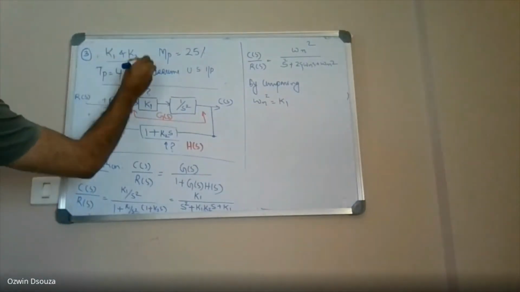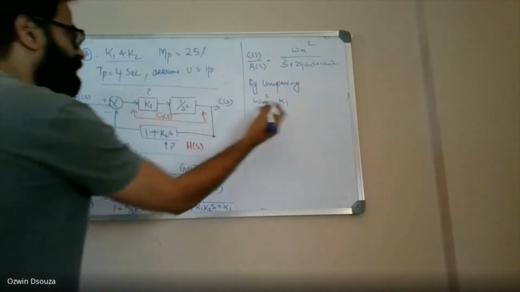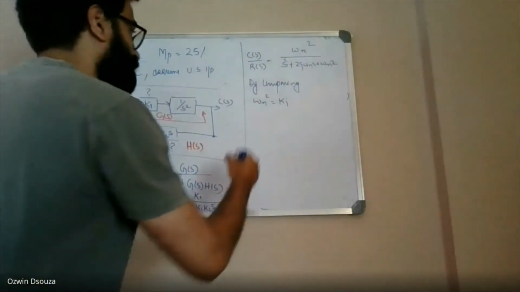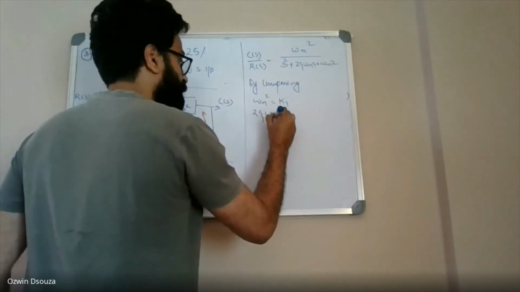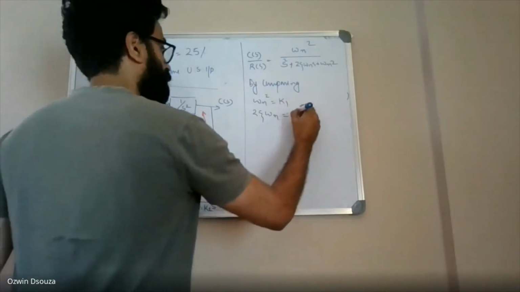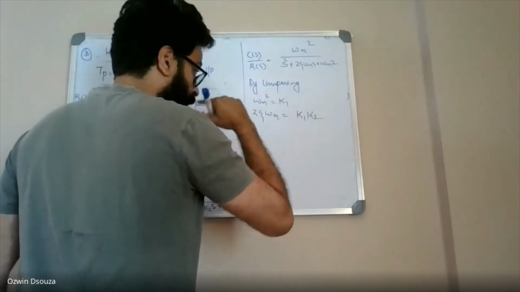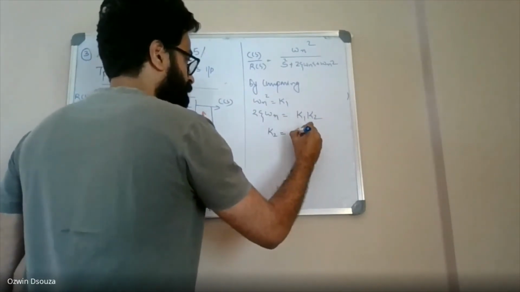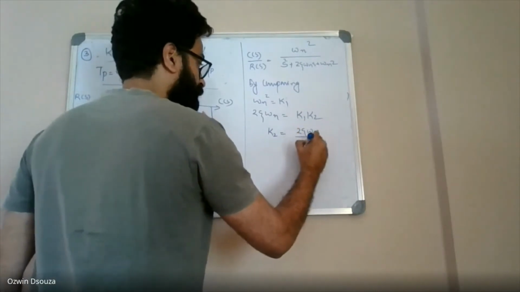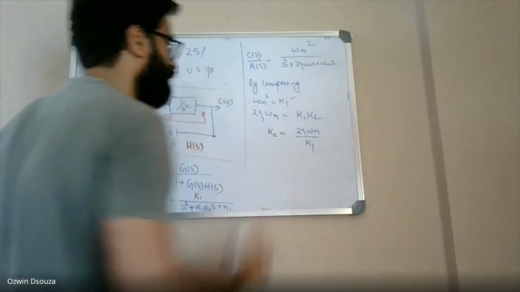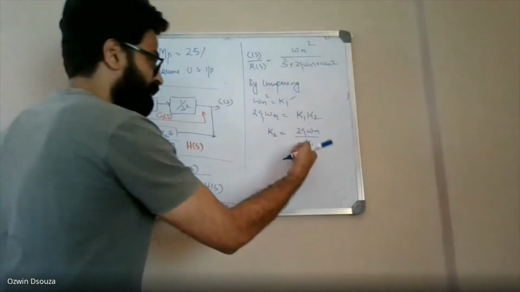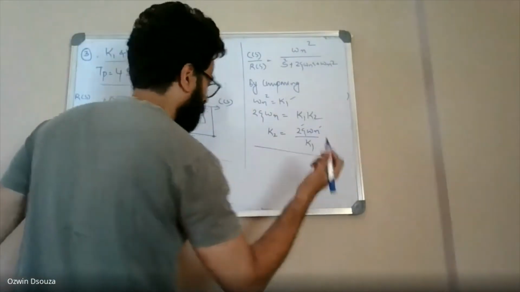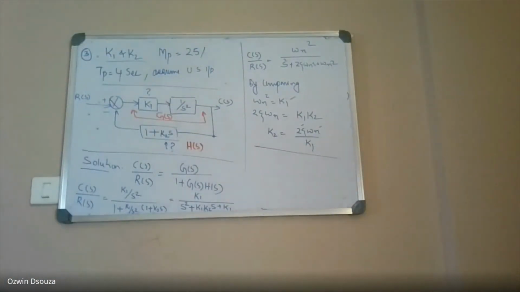We want to find what is k1 and k2. That's the reason I keep k1 as omega n square itself. And then we have 2 zeta omega n is equal to k1 into k2. So that will give me the k2 value. So k2 is equal to 2 zeta omega n divided by k1. If you can find out k1, you can find k2, provided zeta and omega n values are given. So how do you find these?